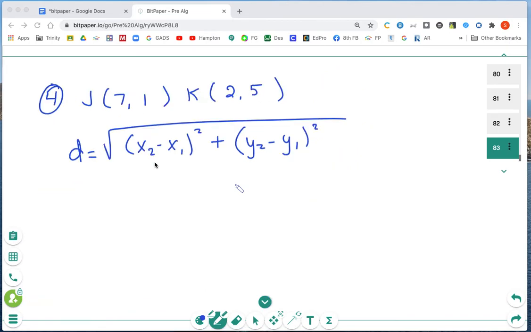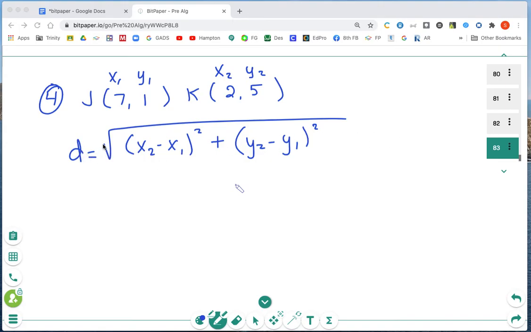Number 4. We're going to use the distance formula to figure out how long the line segment is from 7,1 to 2,5. So the first thing that we're going to do is label our ordered pairs x1, y1, x2, y2. We're going to write our distance formula.